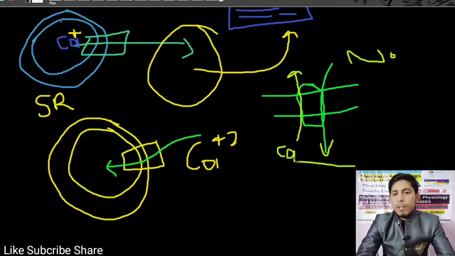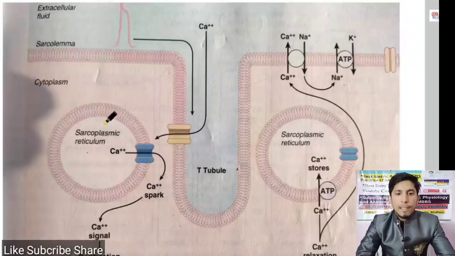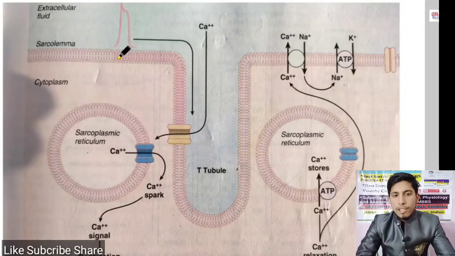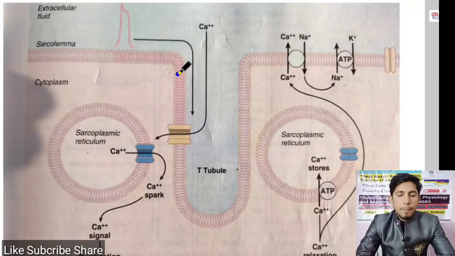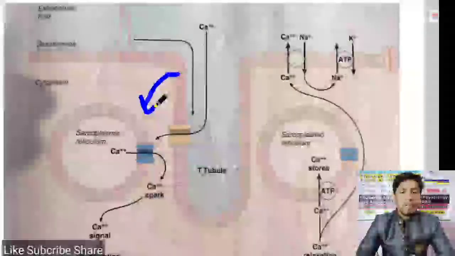The sodium that entered through this pump or other processes then moves in the outward direction through the sodium ATPase pump. Now the action potential that arrives through this T-tubule causes the diffusion of calcium that is present here into the cytoplasm or cytosol of our muscle cell. As a result, what happens?